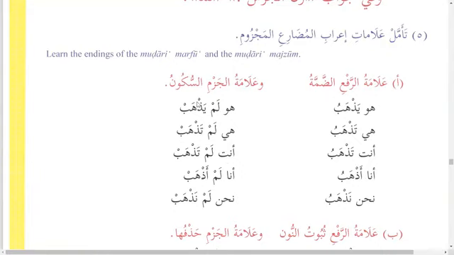When we talk about sukoon, after lam the ending becomes sakin. The five verbs that have dhamma, the noon gets dropped, as we can see here, and the verbs that have una and ina, the noon gets dropped as well.